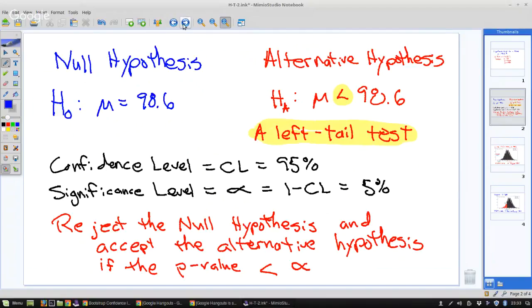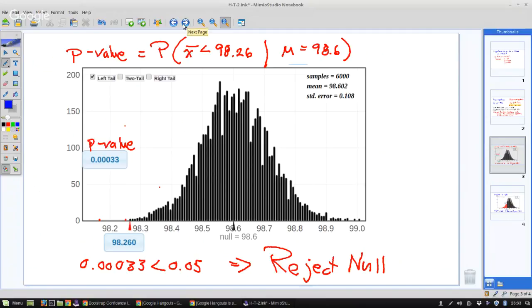So we ran the same set of data in the hypothesis area of StatKey, and in this case, the confidence interval. I don't do endpoints. I just look at things that are different in testing compared to confidence intervals.